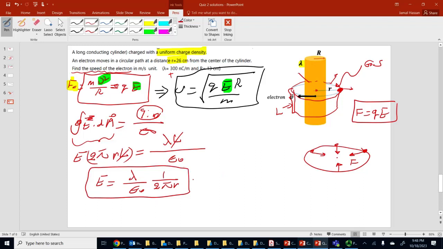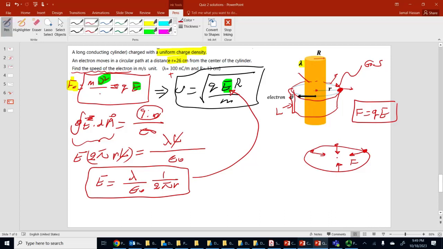I have one small mistake. If you remember from the top, this should not be big R, because the electron is going around small r. By mistake I put R, so let me correct this.